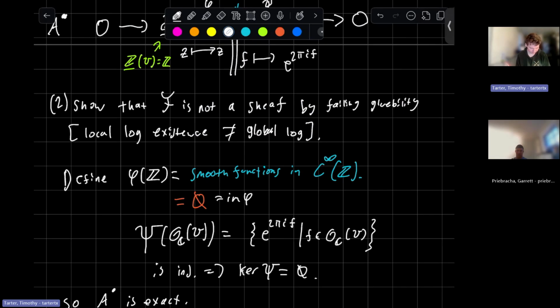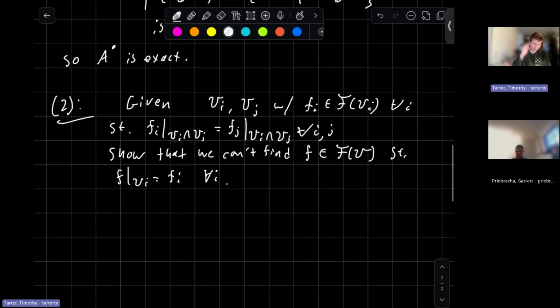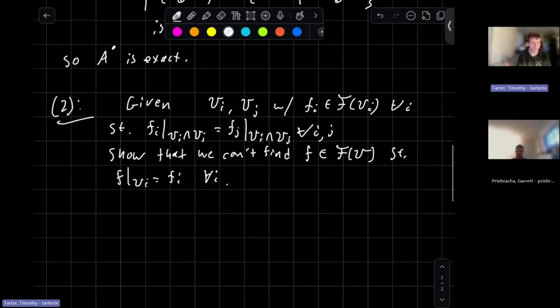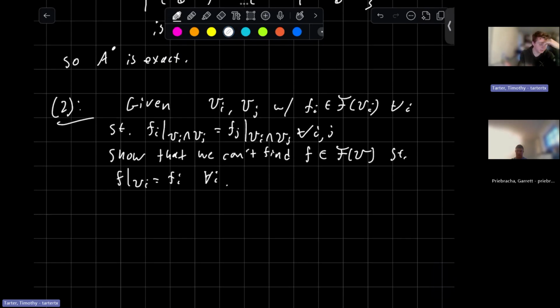Let me think. I mean, we just have to show that there's some function which disagrees. I think the hard part is choosing.